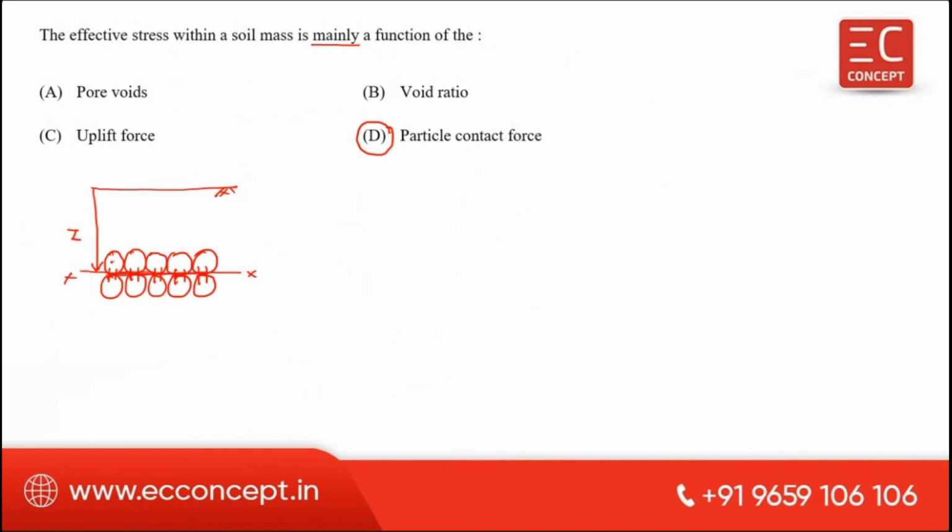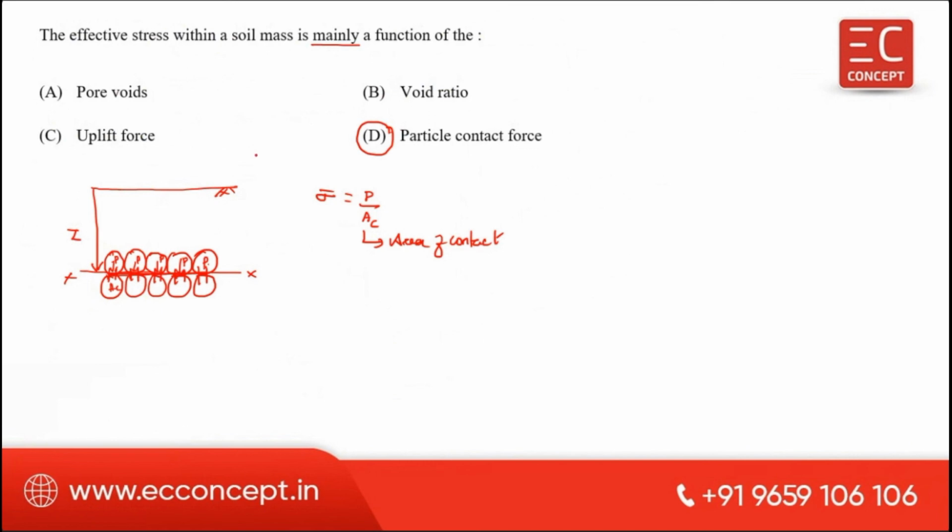At this contact, your force is very high. This is the force due to the soil present above the section. This is P, and this small area is the area of contact. Force divided by area of contact gives the effective stress. So effective stress equals force divided by area of contact. Understood? So the effective stress within the soil mass is mainly a function of particle contact force.